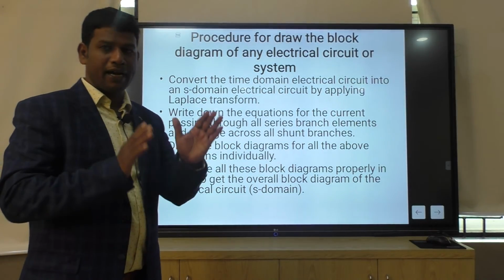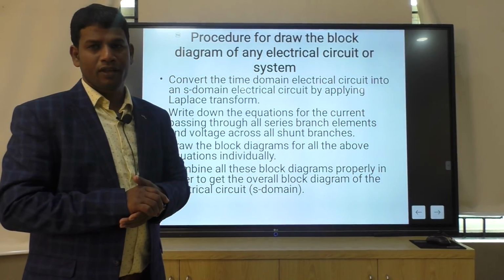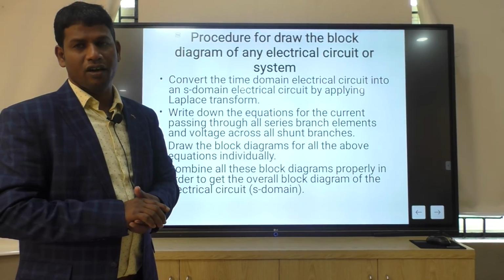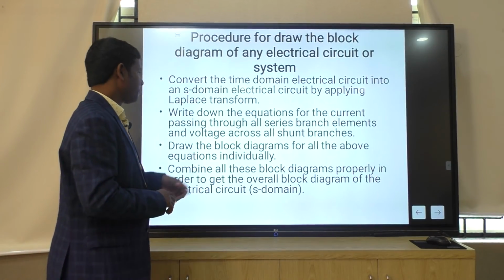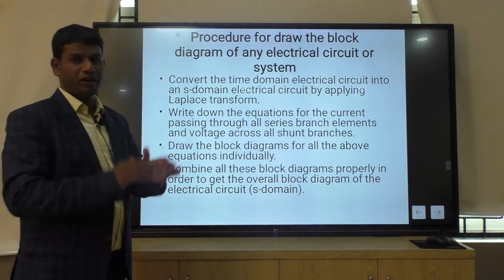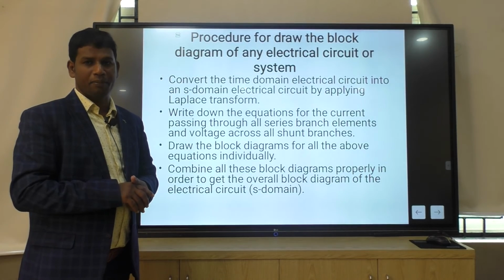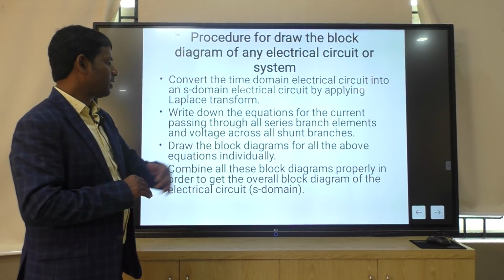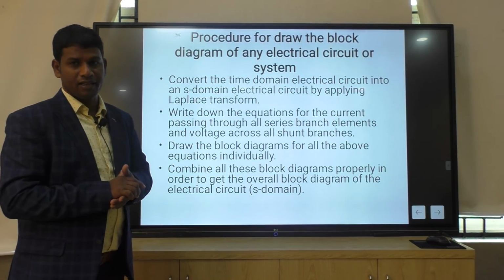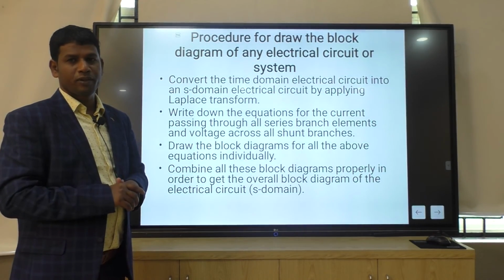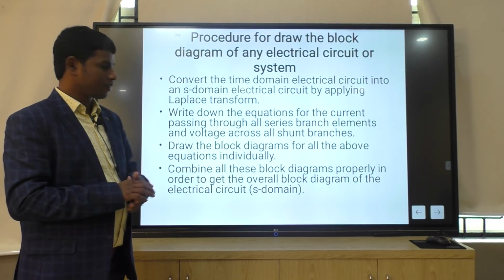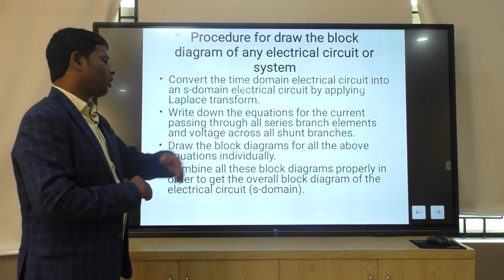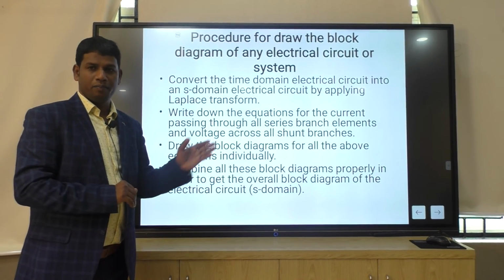For each equation, draw the block diagram individually. If you get 5 equations, for each equation you draw one block diagram. Finally, you combine these block diagrams properly and you will get the overall block diagram of the given electrical circuit.